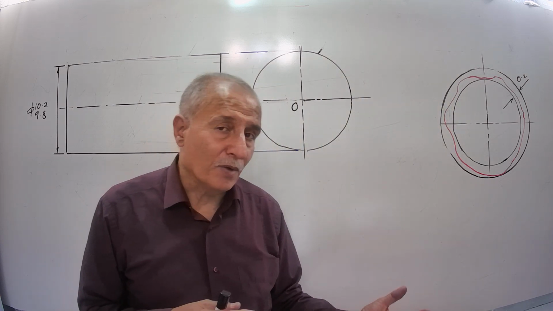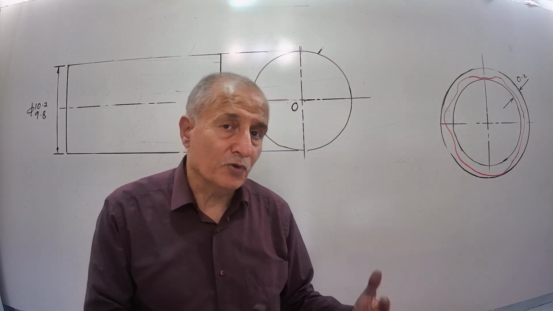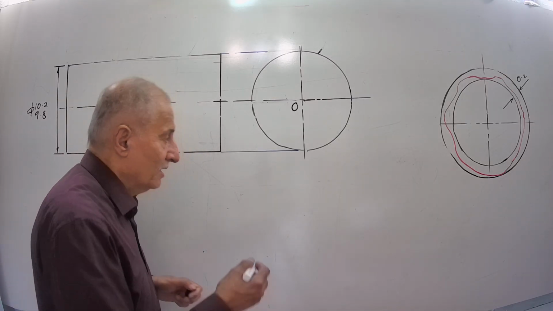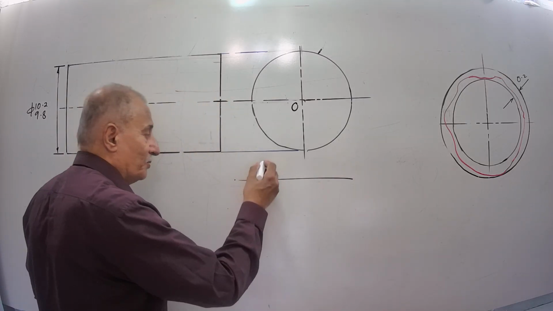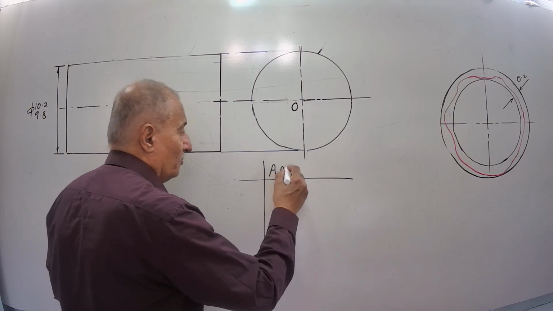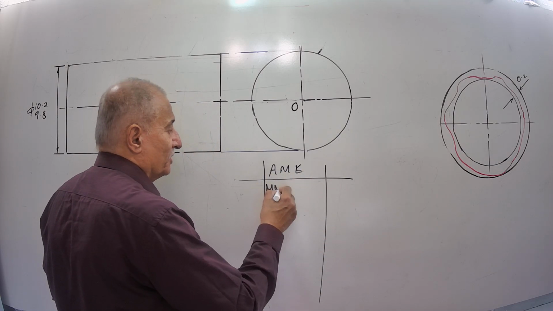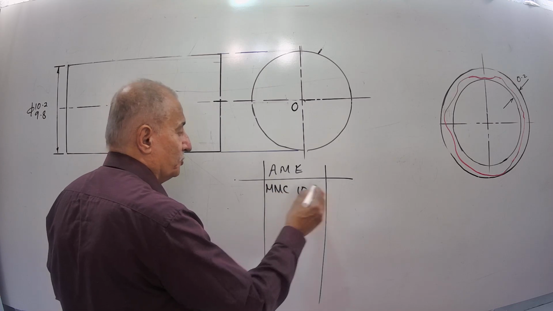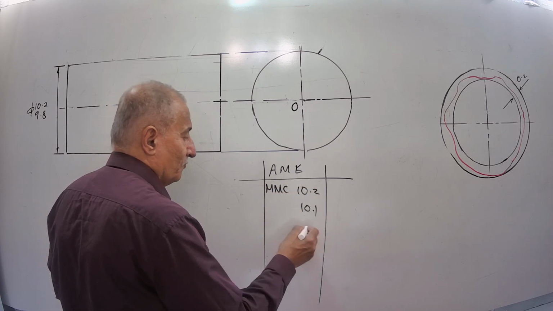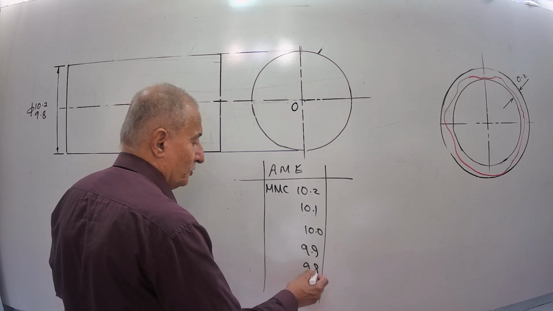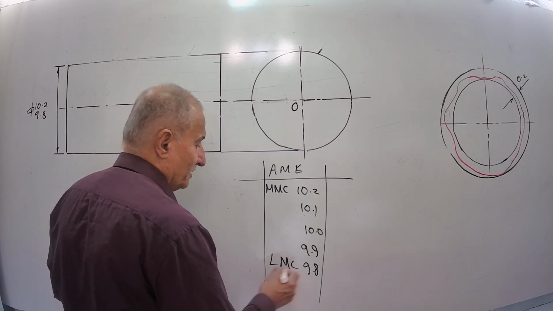What's the effect of rule number 1 here? If rule number 1 applies to this drawing, then let's construct a table to explain it. Actual mating envelope from MMC size of this cylinder, which is 10.2, 10.1, 10, 9.9, 9.8 LMC size.